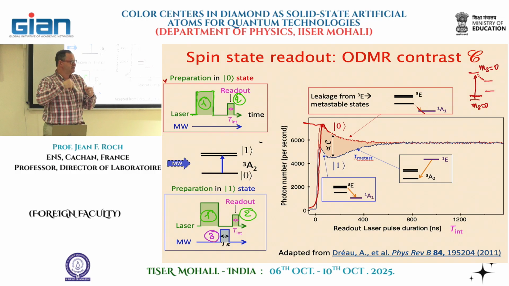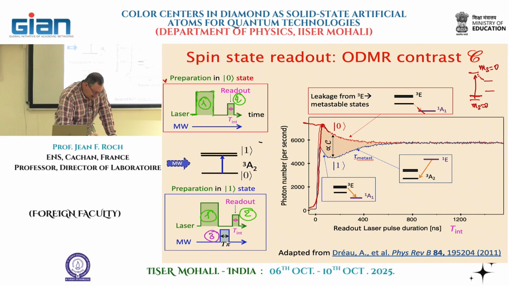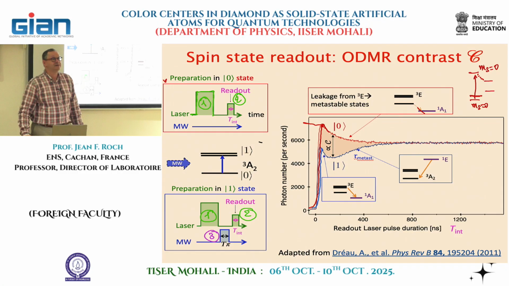The pi pulse transfers the population from ms equals 0 to ms equal -1. Okay? And since I'm in ms equal -1, this is the blue curve that I have here. I have a very weak signal coming from that. Okay? I have less intensity coming from the ms equal -1 signal.